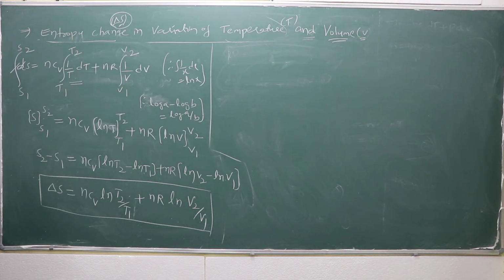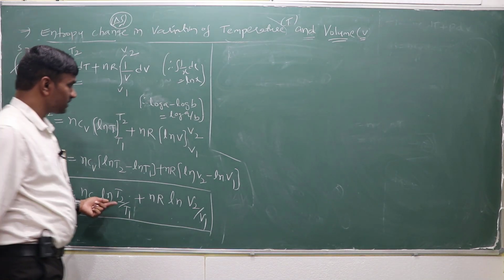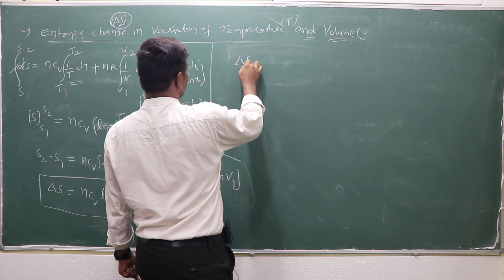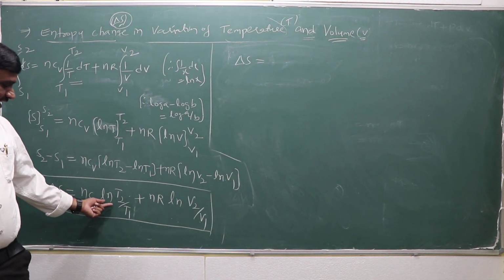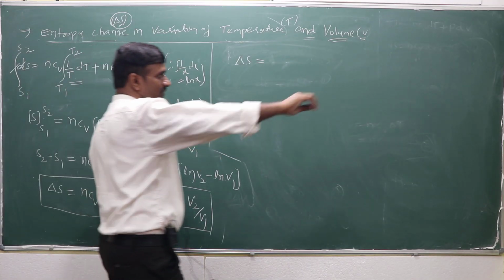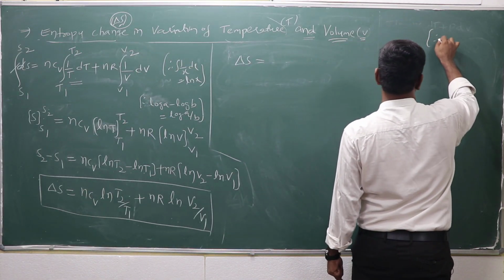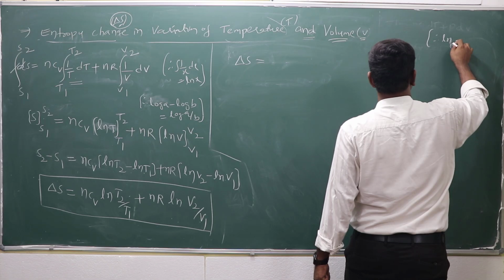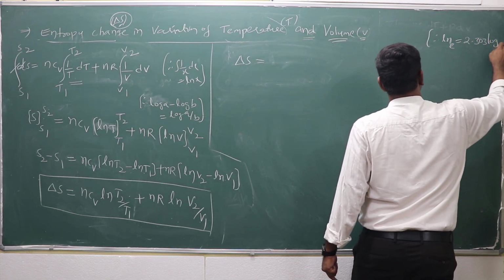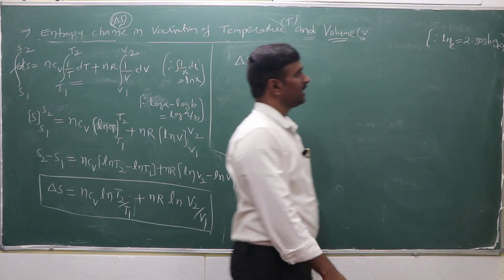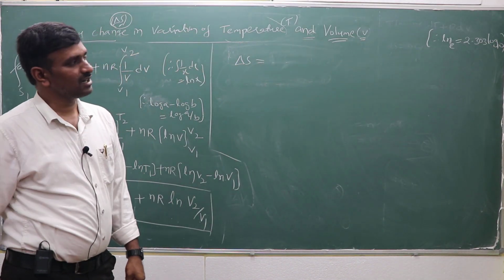By using this equation, or this equation also, when expansion takes place, delta S is equal to... So ln base e is there, I already explained in mathematics, ln base e will be written as 2.303 log base 10. So ln is converted to log base 10.